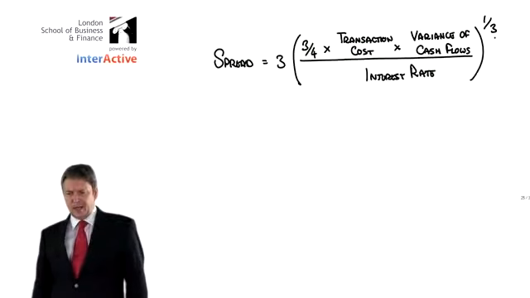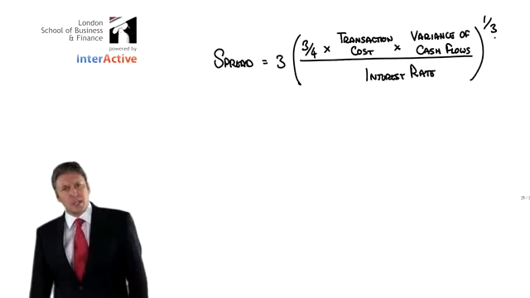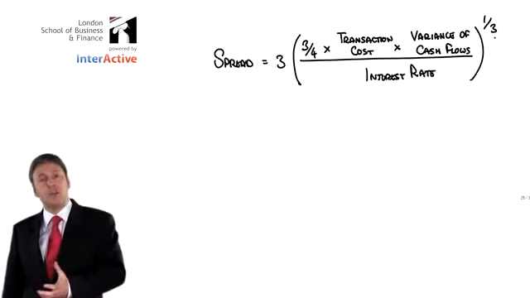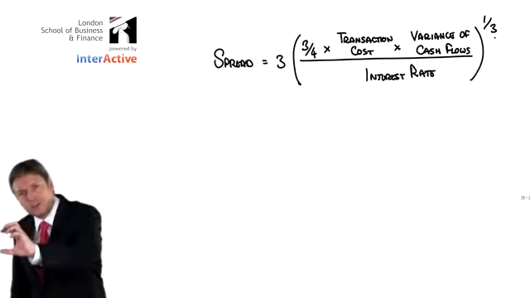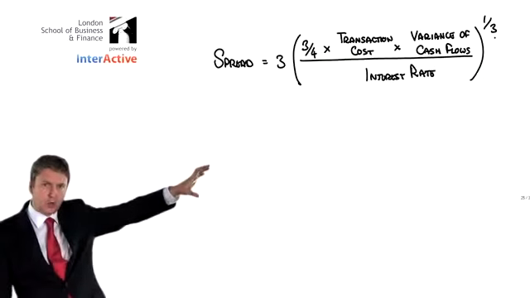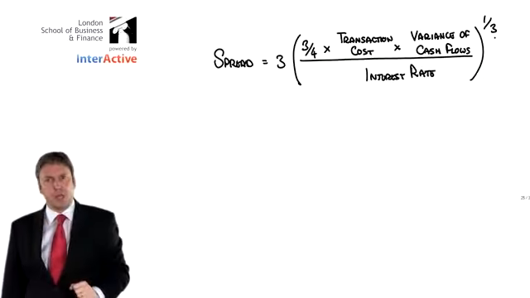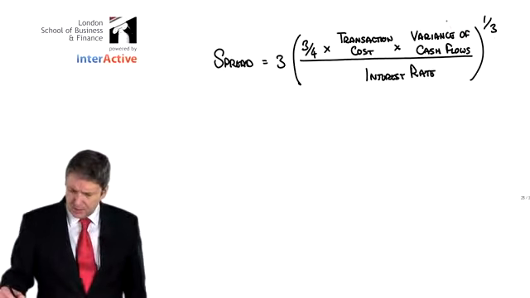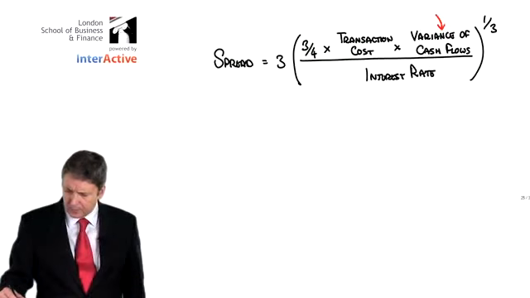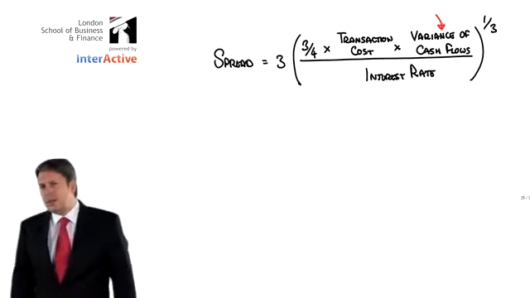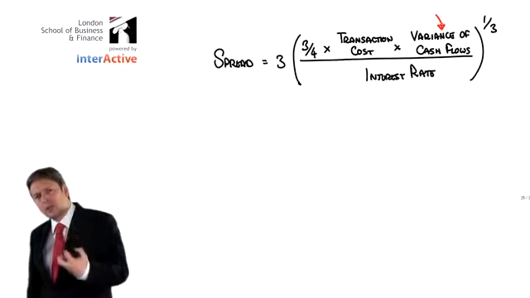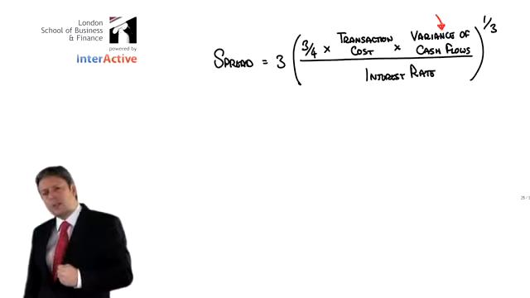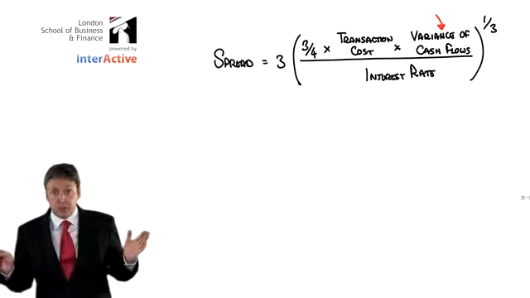Right, okay. First things first, the transaction cost is the cost of either investing or encashing the money. You know, every time we take money out of the bank account and put it in short-term securities or vice versa. When we look at the variance, well, this is nothing to do with something adverse or favourable. Remember we said that Miller-Orr is about uncertainty. We don't know what's going to happen. And variance is a measure of dispersion.